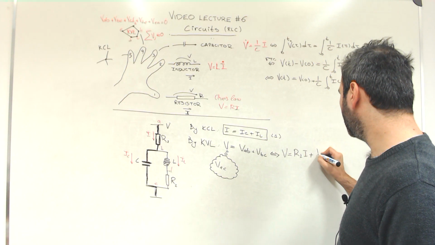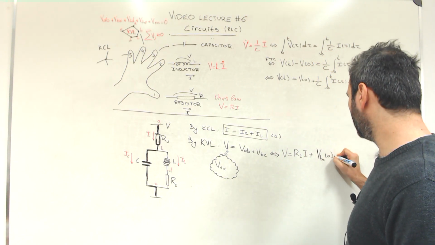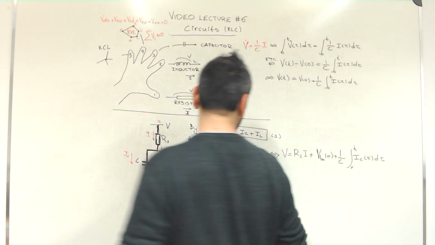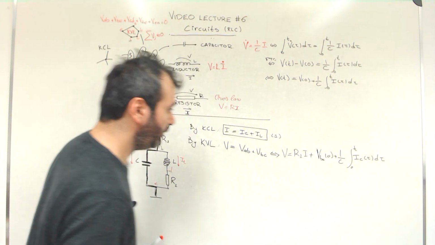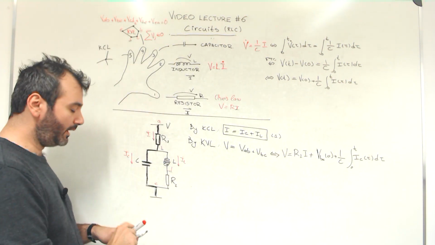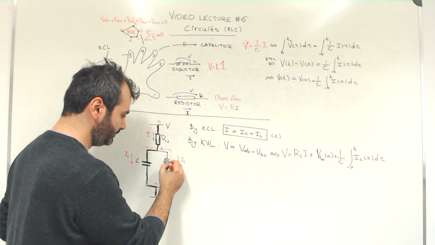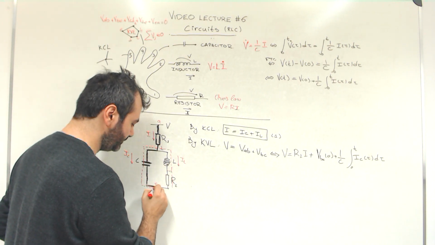Again, I can write the voltage across the capacitor at time 0 plus. So this is my first equation. However, I haven't said anything yet about the inductor, about this part of the circuit.